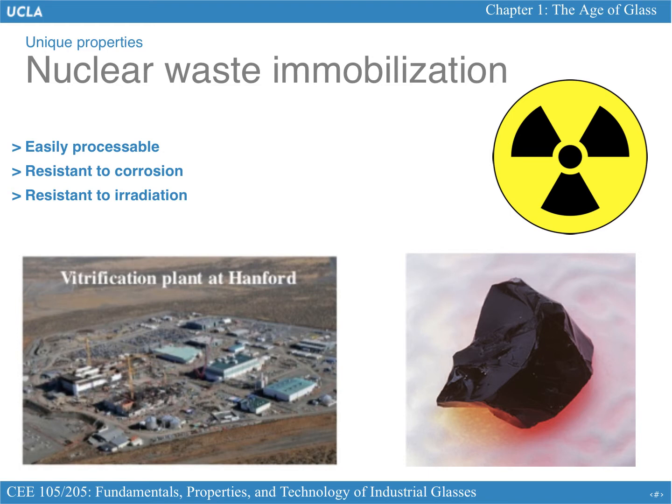And then the other advantage of glass, as opposed to other materials, is that not only is it resistant to corrosion, meaning the glass is not going to dissolve super fast if it comes in contact with water, but it's also resistant to irradiation, unlike other materials that would be degraded if they're in contact with the irradiation that comes out of the nuclear waste.